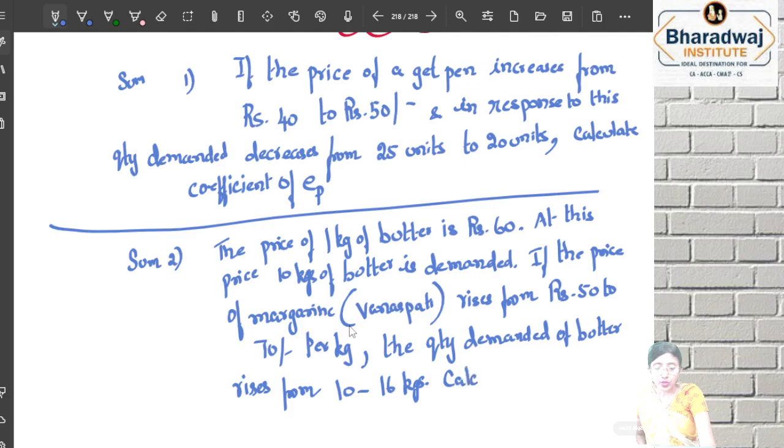Calculate cross price elasticity. Do these two sums.